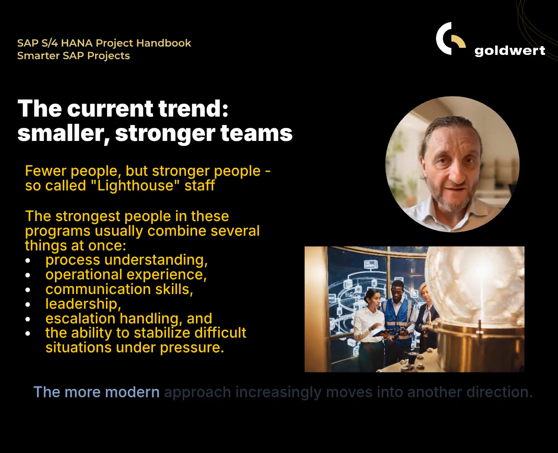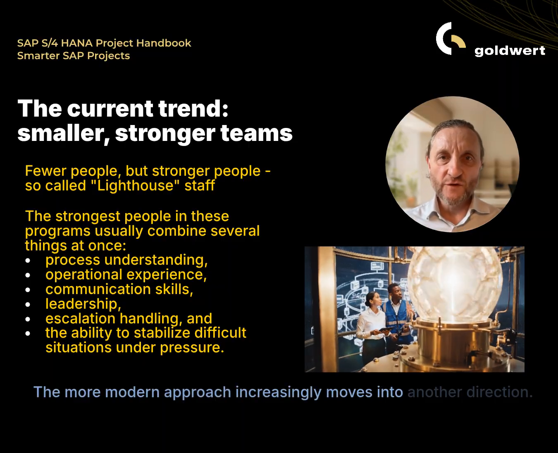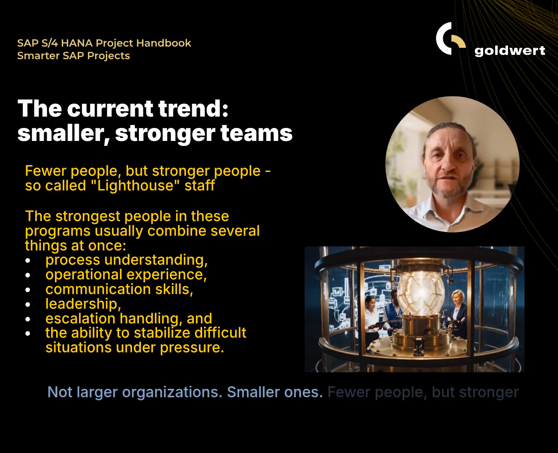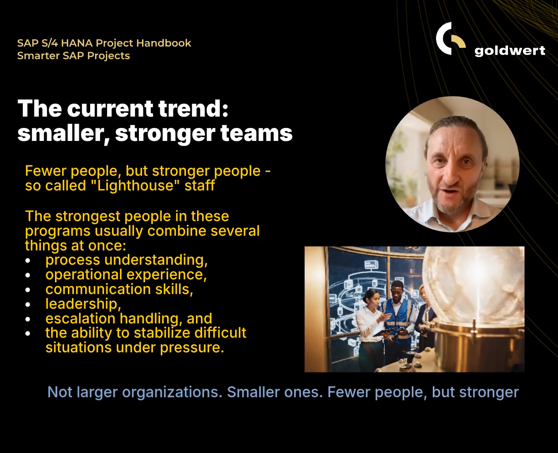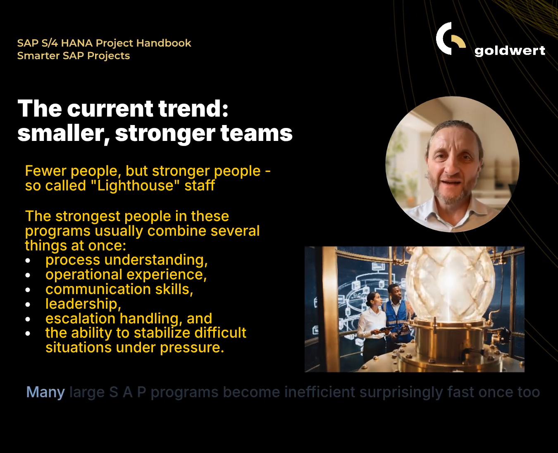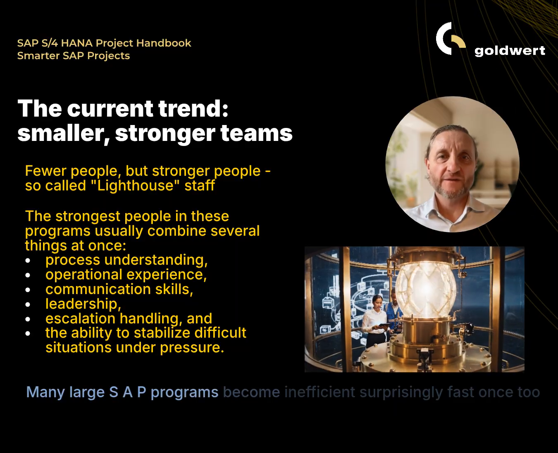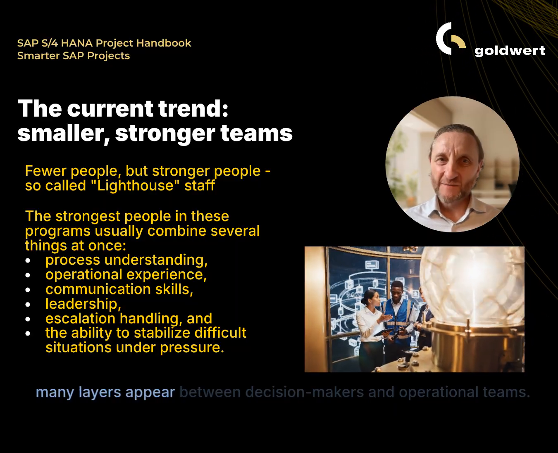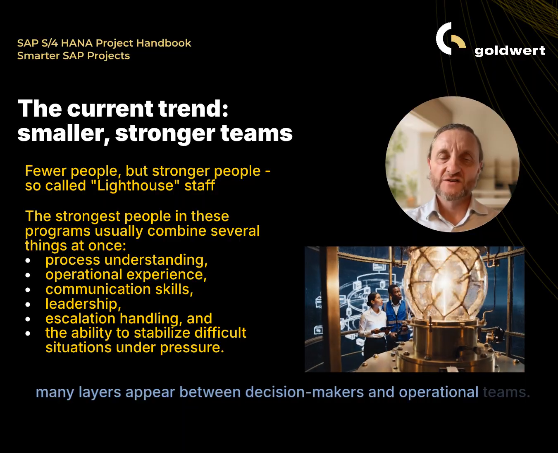The more modern approach increasingly moves into another direction. Not larger organizations, smaller ones: fewer people, but stronger people. Many large SAP programs become inefficient surprisingly fast, once too many layers appear between decision makers and operational teams.